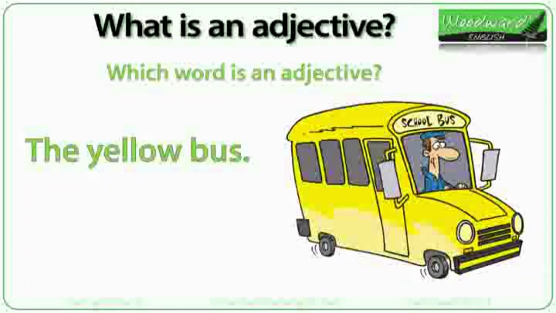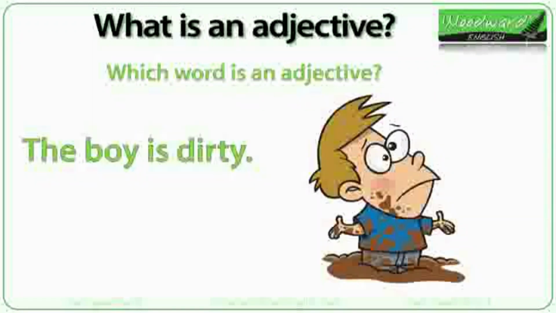Which word is an adjective? The yellow bus. The adjective is yellow. The boy is dirty. The adjective is dirty.